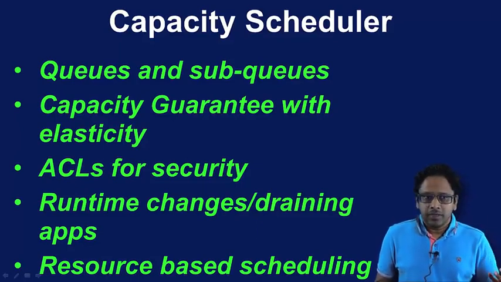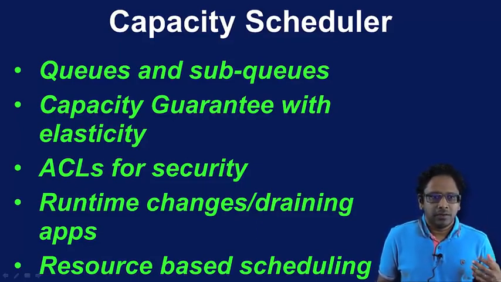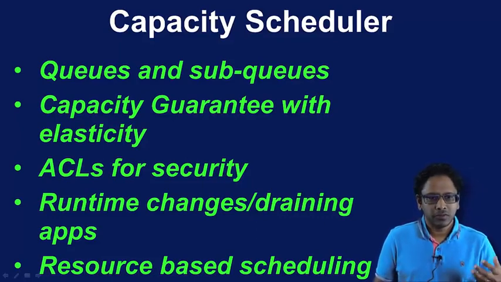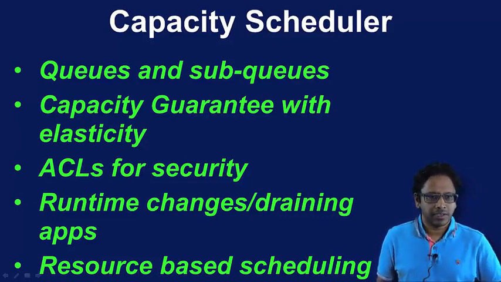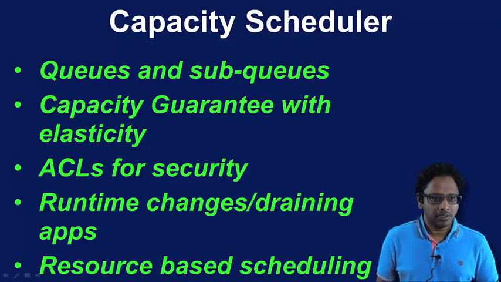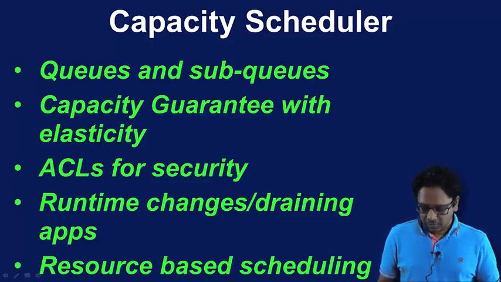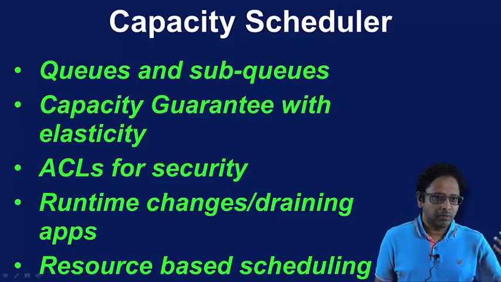All of this can be done at runtime, and also you can drain applications. What this means is if you have a bunch of applications running and you want to make a change, you could say no new applications will start, but the existing applications will run till they're finished, and then you can make the change. You can also do resource-based scheduling with limits on memory and CPU.